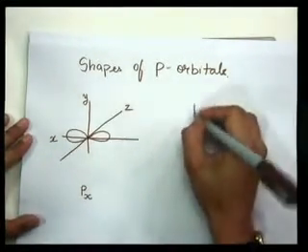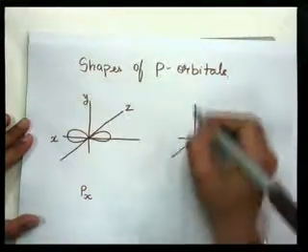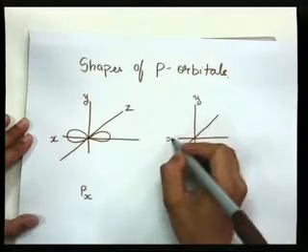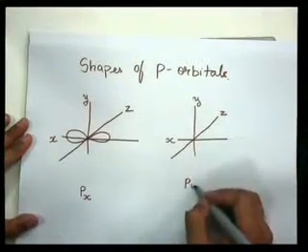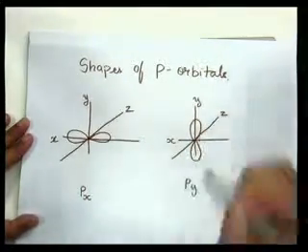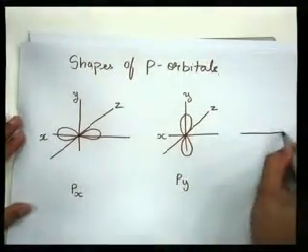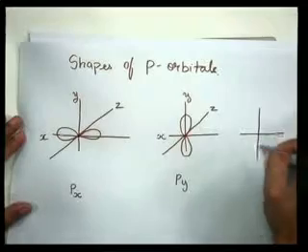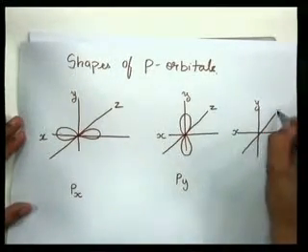And whenever we are trying to draw for the y or py case, then again y, x, z. It means for py case you can put your dumbbell on your y axis. Same thing you can draw here for the case of the pz, that is again this is your y, this is your x, this is your z.